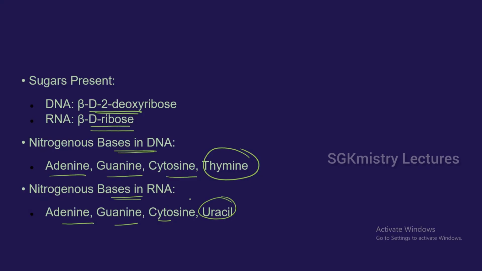Now talking about the sugars that are present. In case of DNA, it is beta D deoxyribose. So this is the structure of ribose sugar. We have OH, H here, H, OH here, and H, and H and CH2OH.